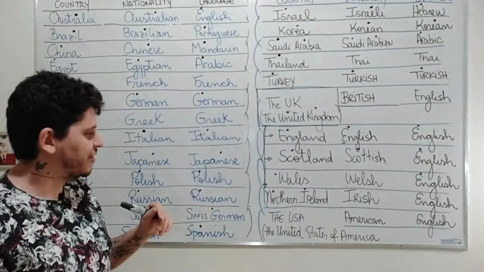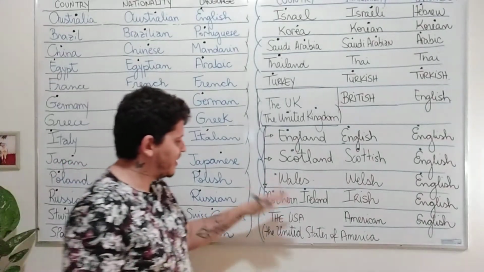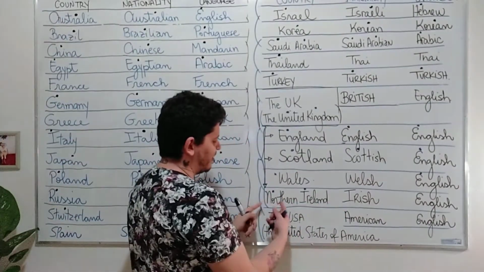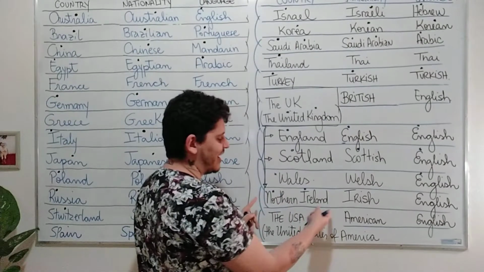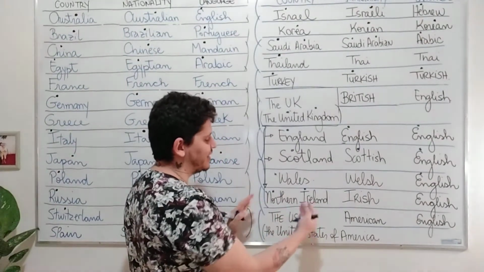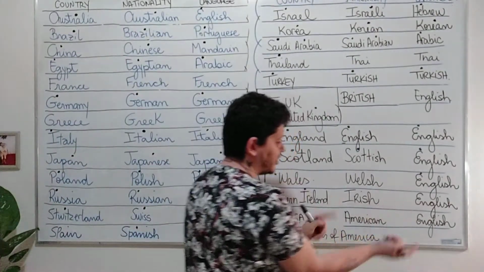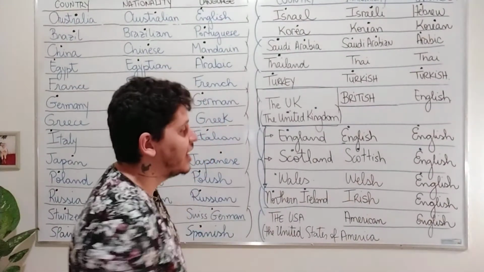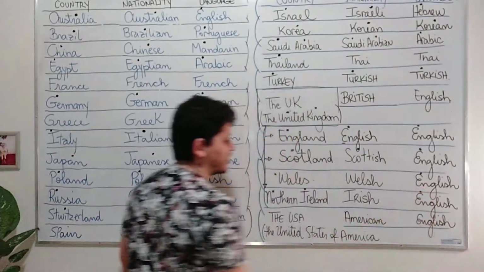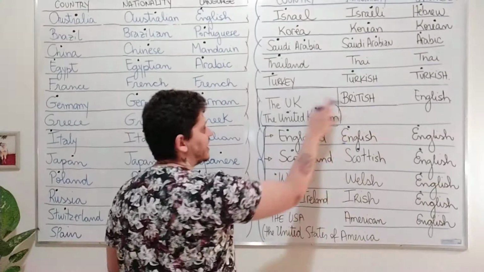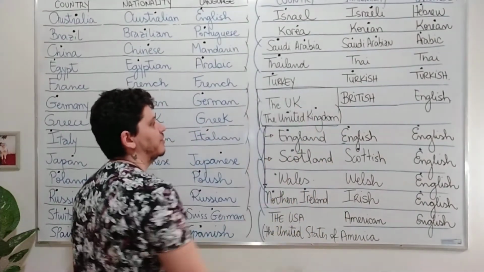Interesting how geography works, right? Anyway, if you are from Northern Ireland or from Southern Ireland, it really doesn't matter. You are Irish. And you speak English. Okay, you're also British because your country is a member of the United Kingdom.